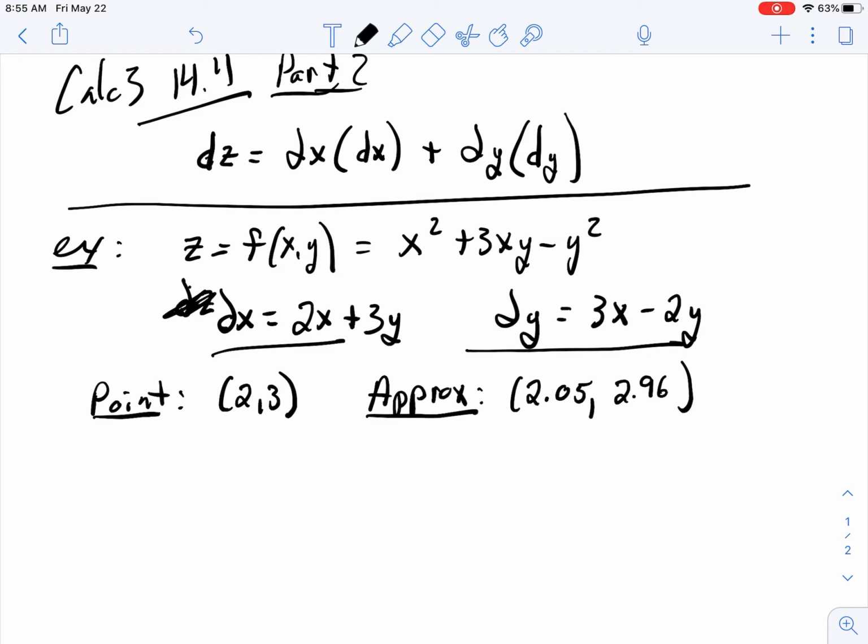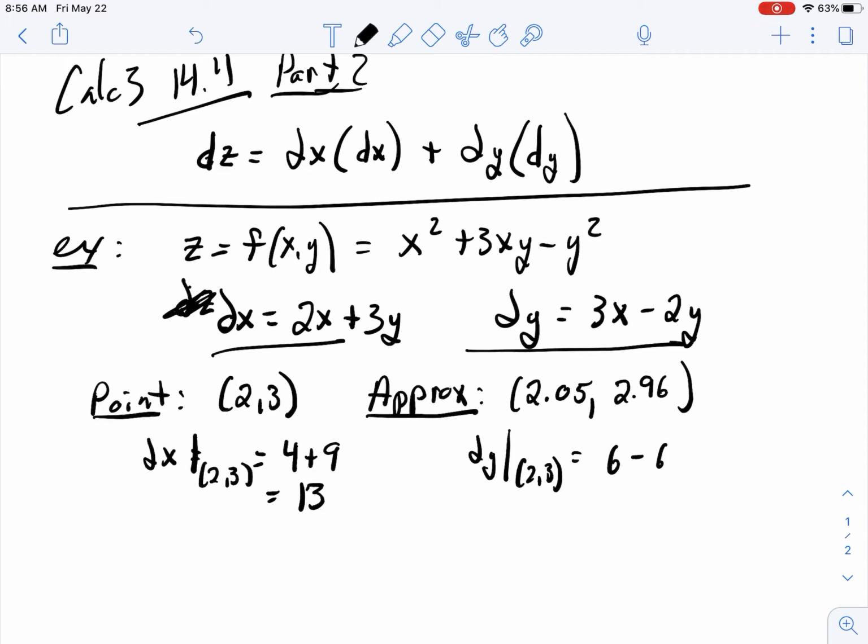First off, let's find the equation of this. You would have dz, the partial derivative with respect to x at 2, 3. So what we have there is 4 plus 9, 13. The partial with respect to y at the point 2, 3 would be 6 minus 6.